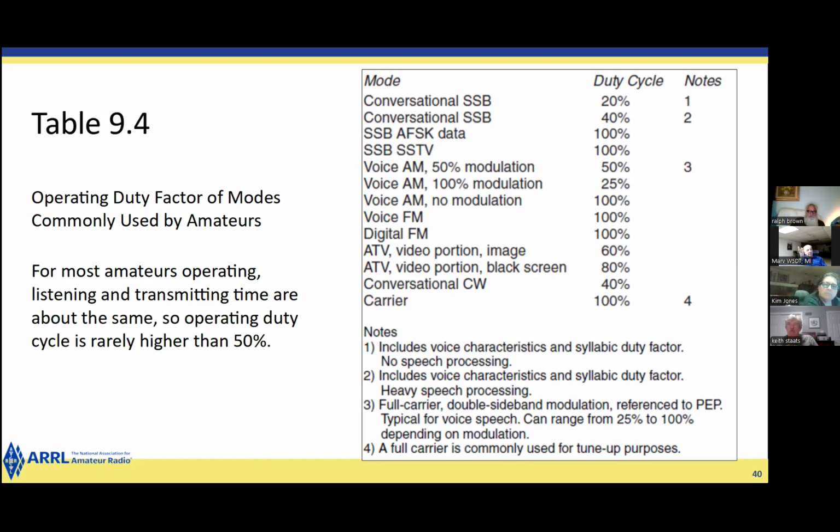Now, you notice there are two single sideband duty cycles, 20% and 40%, but you have to go down to the notes. The first one, conversational single sideband, includes voice characteristics with no speech processing, and the second one is heavy speech processing.